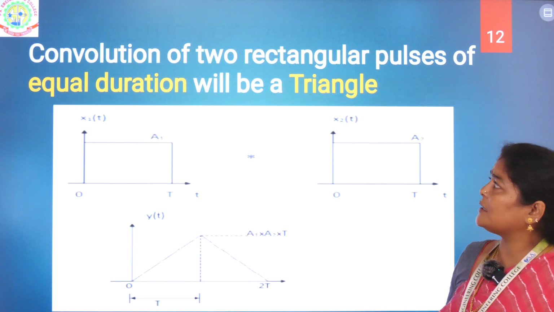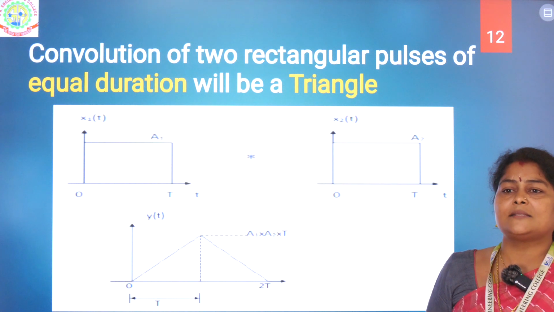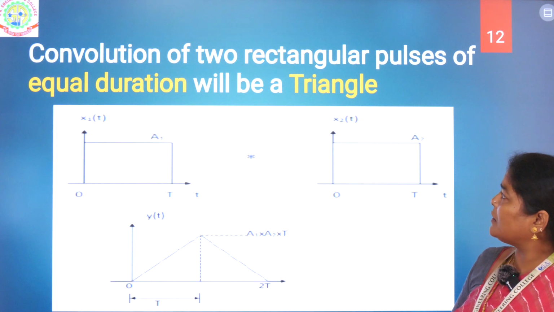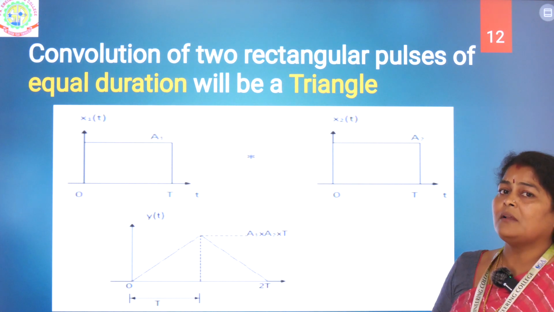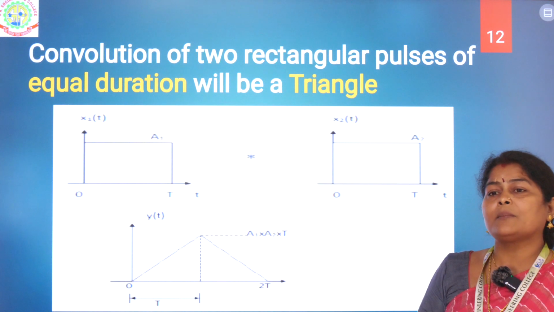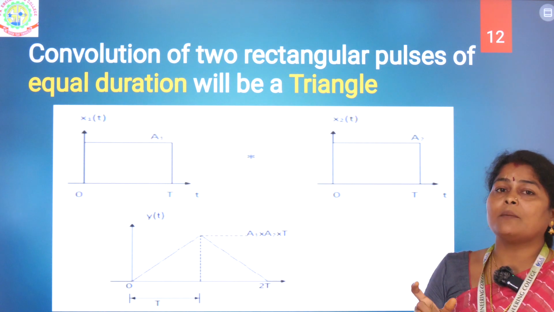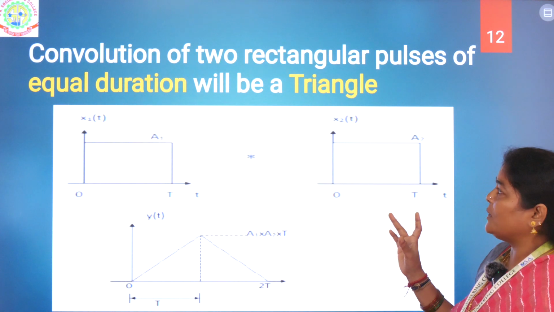So, continuing the convolution of the standard signals, here we have one more example: convolution of two rectangular pulses with the same width, equal duration.